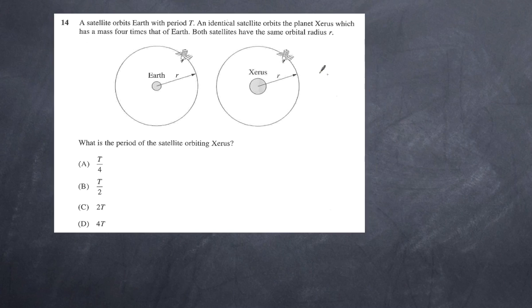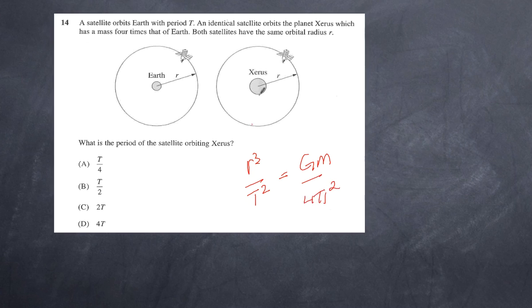Question number 14. A satellite orbits Earth with a period of T, and an identical satellite orbits a planet, Xerus, which has a mass 4 times that of the Earth. Both satellites have the same orbital radius r. So how do you work this out? Well, the important thing here is that r cubed over t squared is equal to GM over 4 pi squared. This is Kepler's third law.